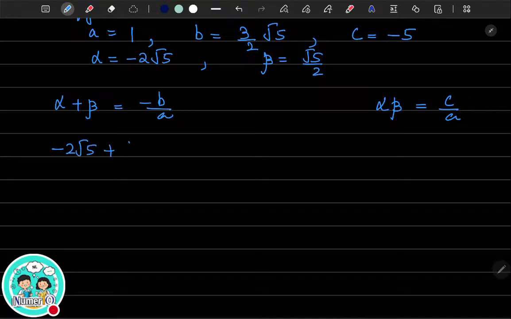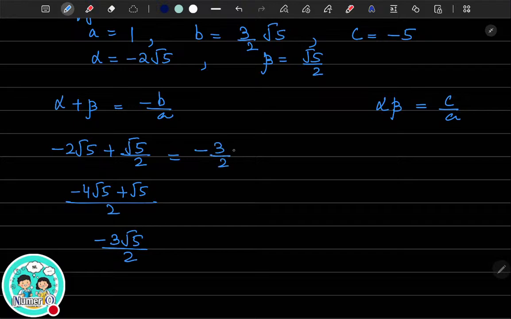Minus 2 root 5 plus root 5 by 2. Take the LCM. LCM is 2. So you have minus 4 root 5 plus root 5. So this is nothing but minus 3 root 5 by 2, equal to minus, again, a is 1. So it's going to be minus 3 by 2 root 5. Whatever b value you have, you just have to write it. So this will become minus 3 root 5 by 2.